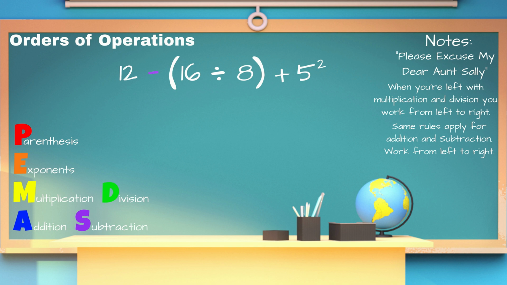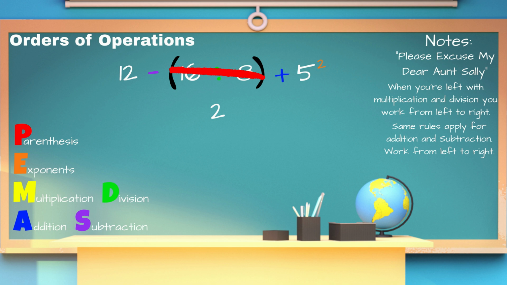We have minus, we have parentheses, we have division, we have addition, and we have exponents. What do we do first? Parentheses. Parentheses, good. What's 16 divided by 8? 2. That's right.